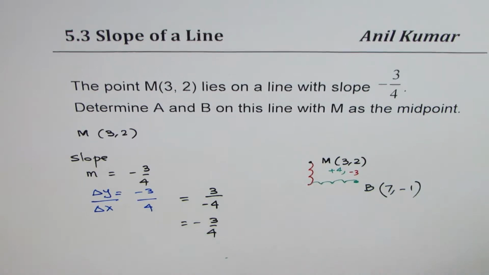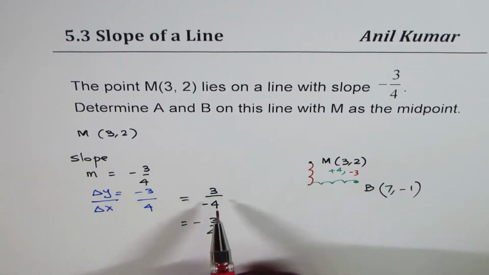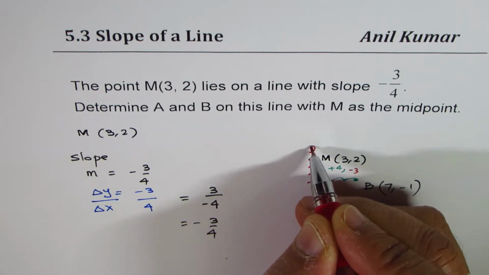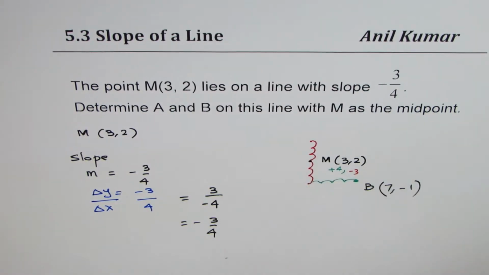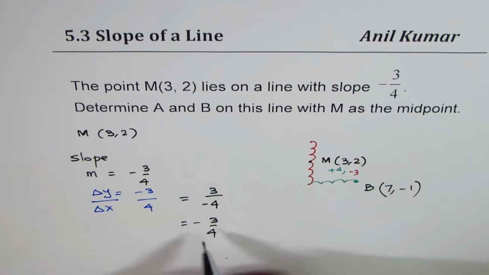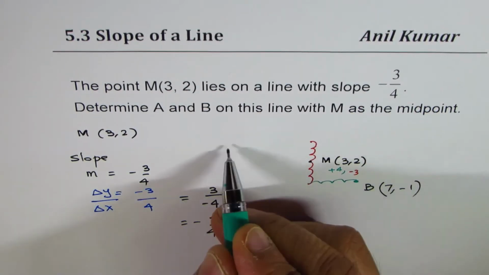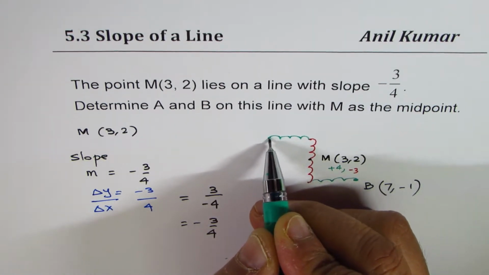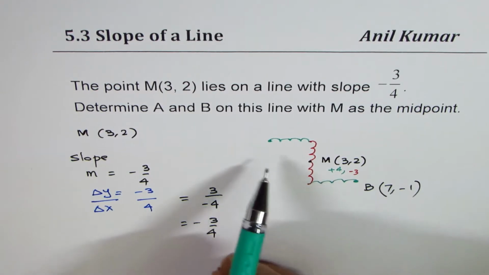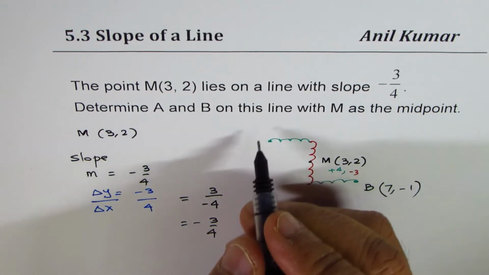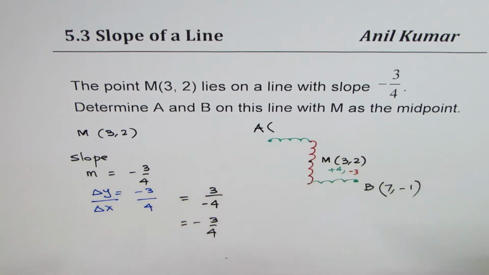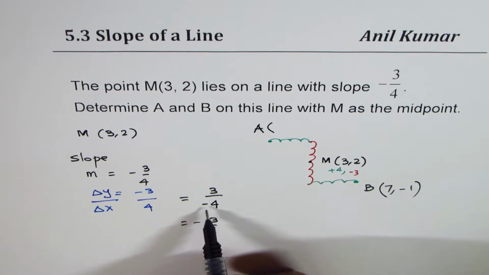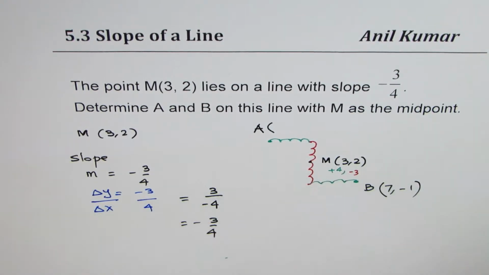Right. So in this case, it really means that you could move up by 3 units. That means 1, 2, 3 units up, and 4, because that 4 is negative, left 4, right? So 1, 2, 3, 4. That gives you another point, right? So this point, let us call this point A. The coordinates of this point should be, the x value has been reduced by 4, 3 minus 4, correct?